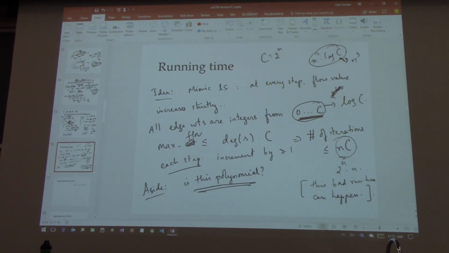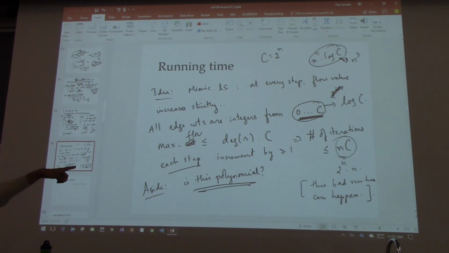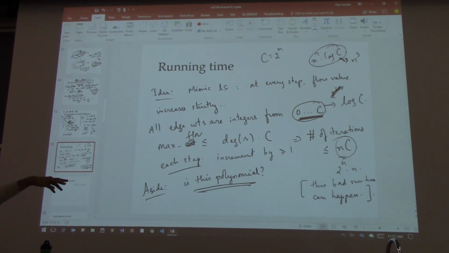The algorithm just tries some augmenting path, and the amount of flow you augment could be really tiny in each iteration, which means you end up taking a huge number of iterations. We said that if your weights are all integers from 0 to c, you could end up taking roughly n times c iterations. And c could be huge, like 2 to the n. That's why this is not so great. There are two very simple ways to avoid it.